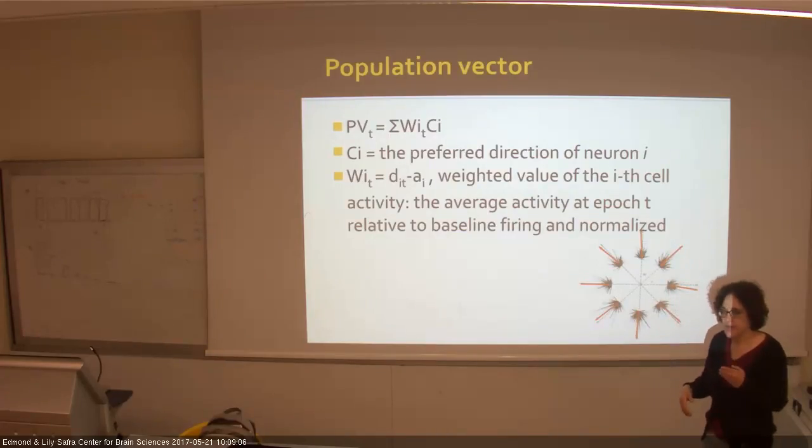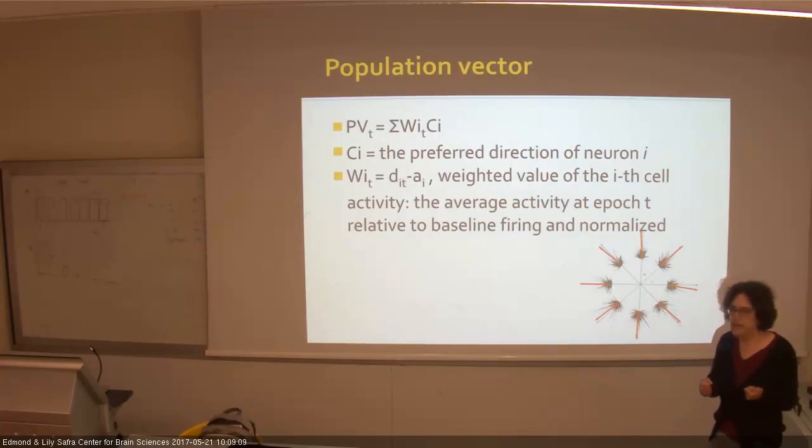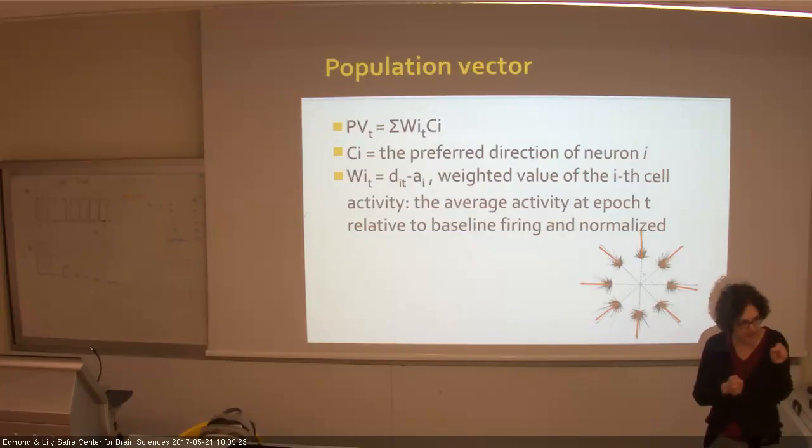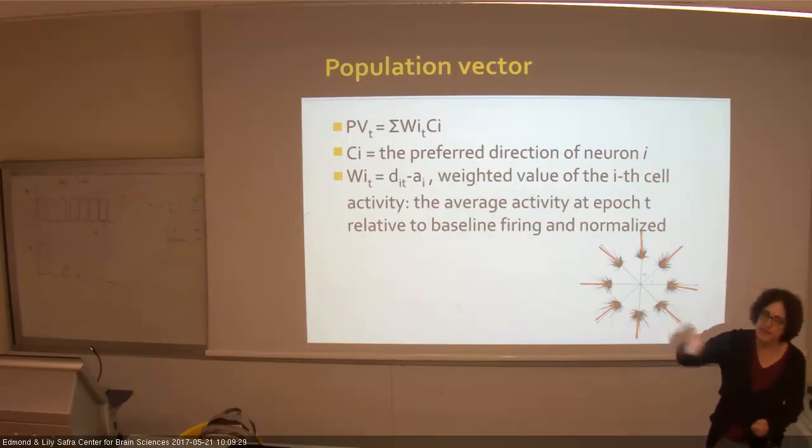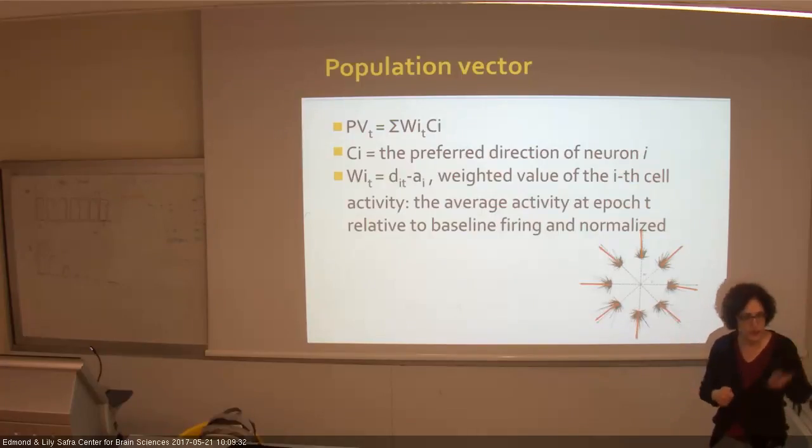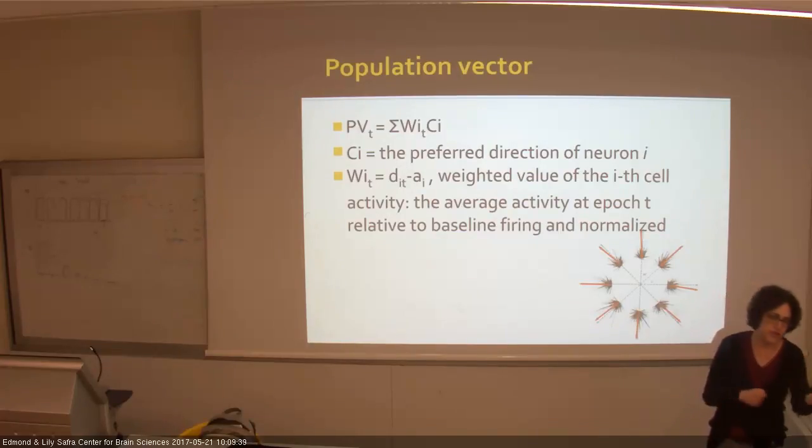So the weight is basically the instantaneous rate of the cell relative to baseline level. If the movement is in the preferred direction of the cell, the firing of that cell will be very high relative to baseline, and it will contribute a lot. It will push the system very strongly in that direction.